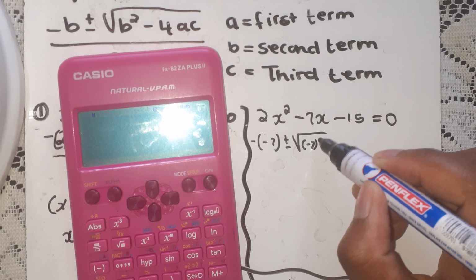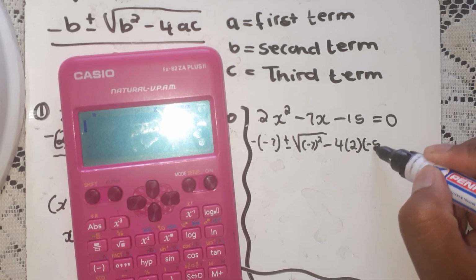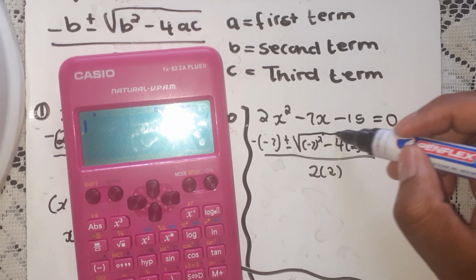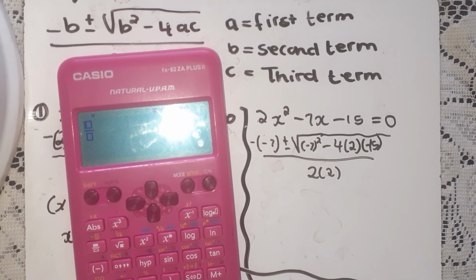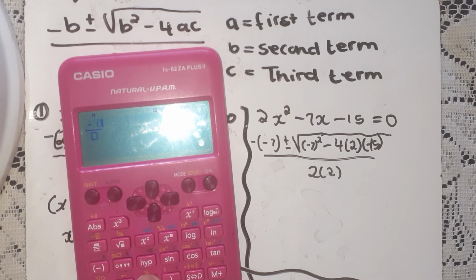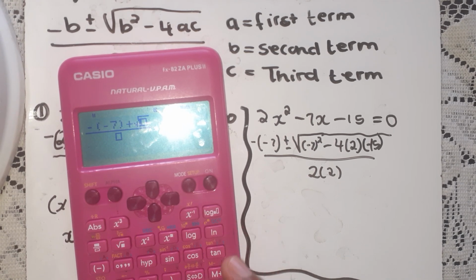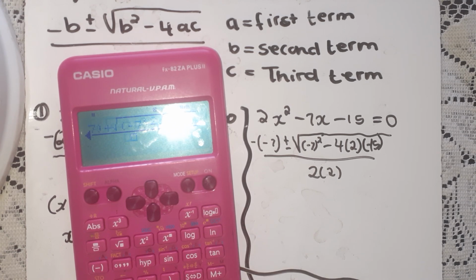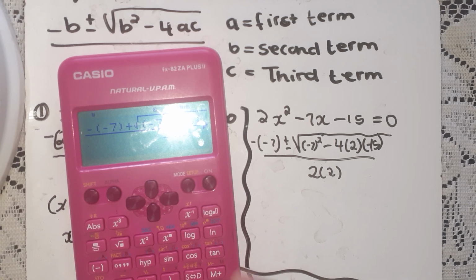It's 7 squared minus 4 into 2 negative 15 over 2 into 2. So I have substituted like that. I'm going to put everything inside the calculator. So we have negative into negative 7 plus, let's close this bracket, plus root negative 7 squared minus 4 times 2 times negative 15 into 2 times 2.